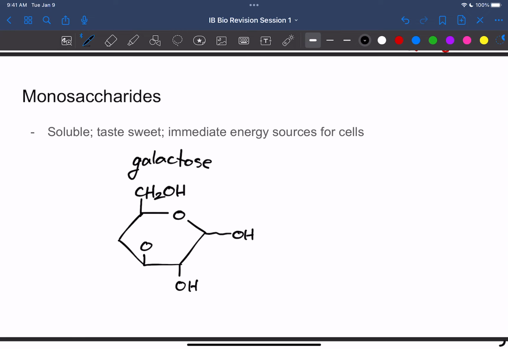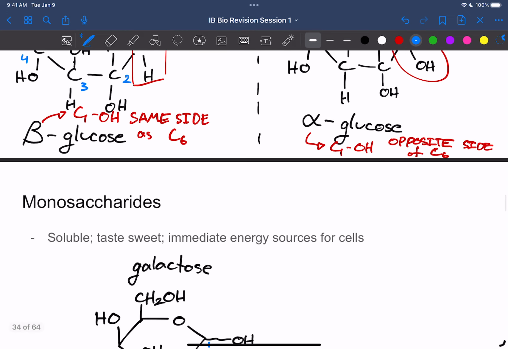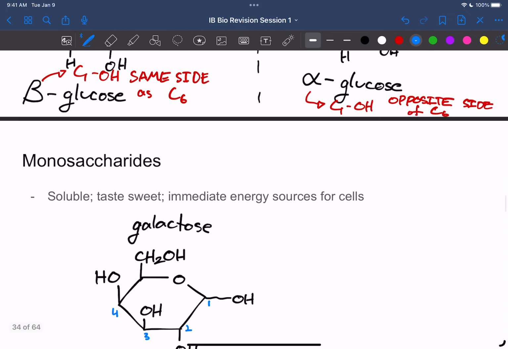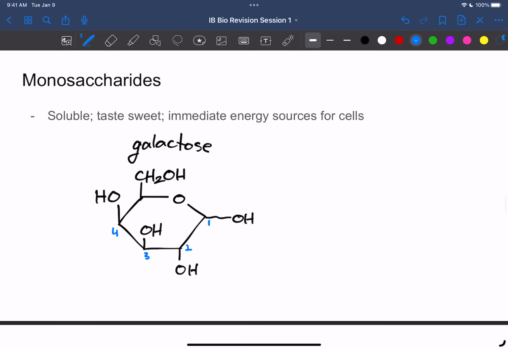So far so good. It looks like glucose, except this part. The OH on carbon 1, 2, 3, 4 is on top instead of on the bottom. Now, if we look at glucose, usually in carbon 4, it's on the bottom. Looking here, it's on the top. And that changes its properties, which is why it's called galactose. Something with a different arrangement would have a different name. That is the point I was trying to make.